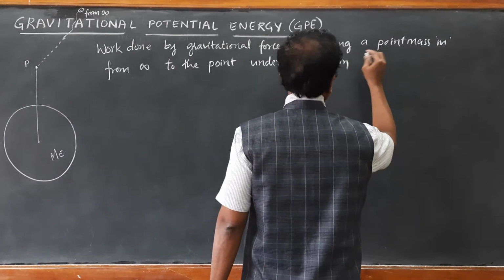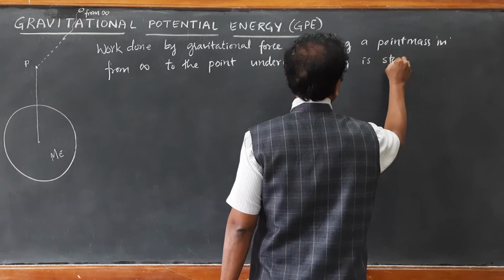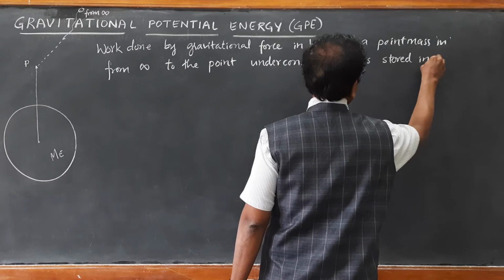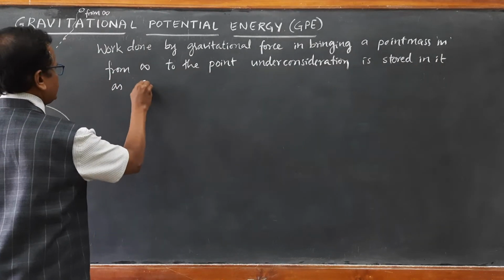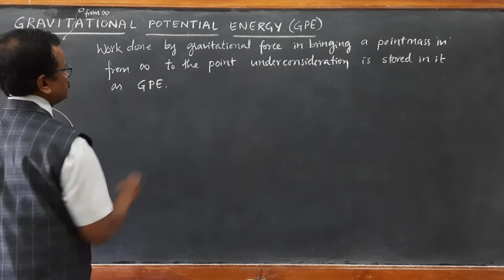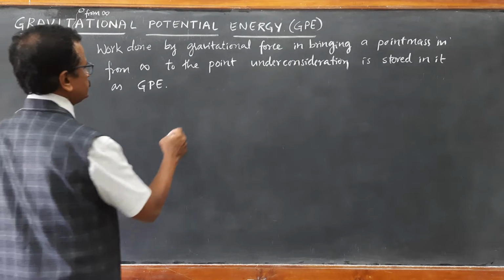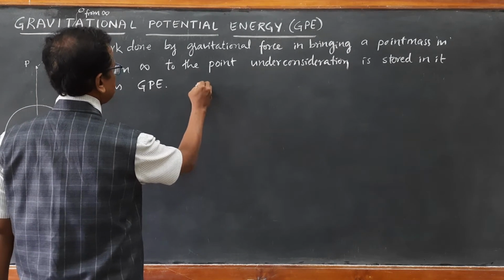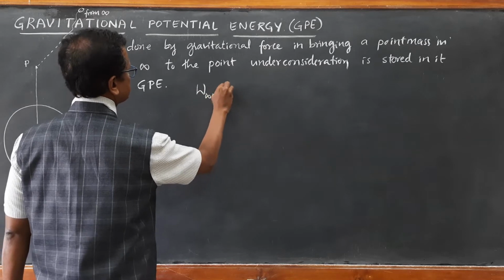The gravitational field of the Earth is stored in it as gravitational potential energy. So let us calculate this the same way as we have done earlier. It is calculated as work done from infinity to the point under consideration.